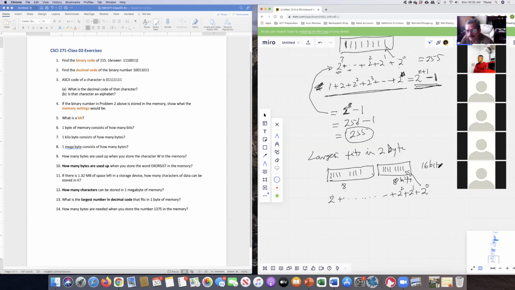I said 15. 15 is right, yes. Because we are starting at 2 to the 0, the largest will be 2 to the 15. The 16th bit will have 2 to the 15. Just like here, 2 to the 0 to 2 to the 7 when you have 1 byte. So when you have 2 bytes, it's 2 to the 0 to 2 to the 15.